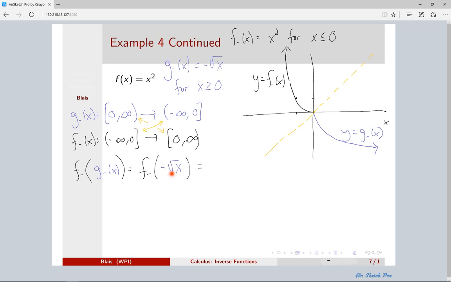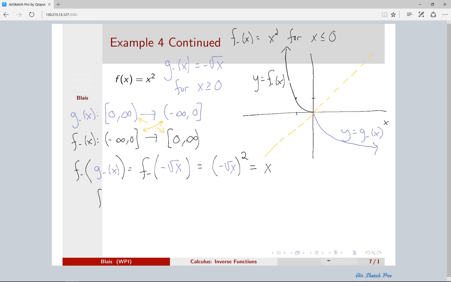So plugging that minus root x into f minus, so we square it, and of course, if we square the negative of square root of x, we get x.